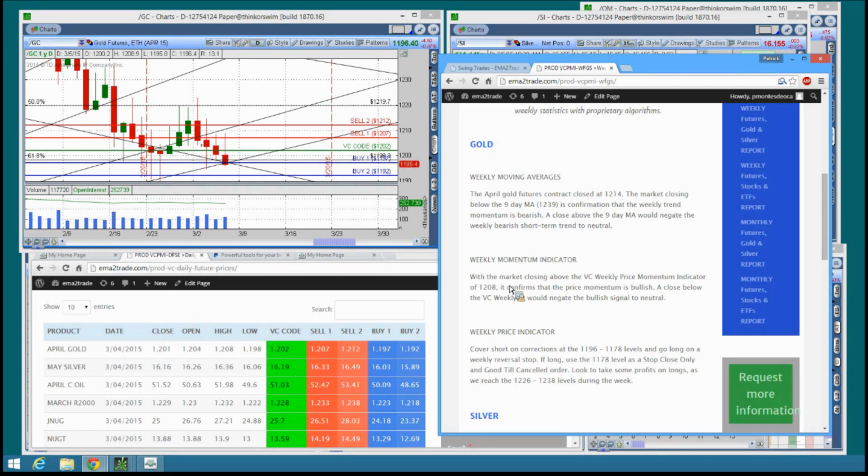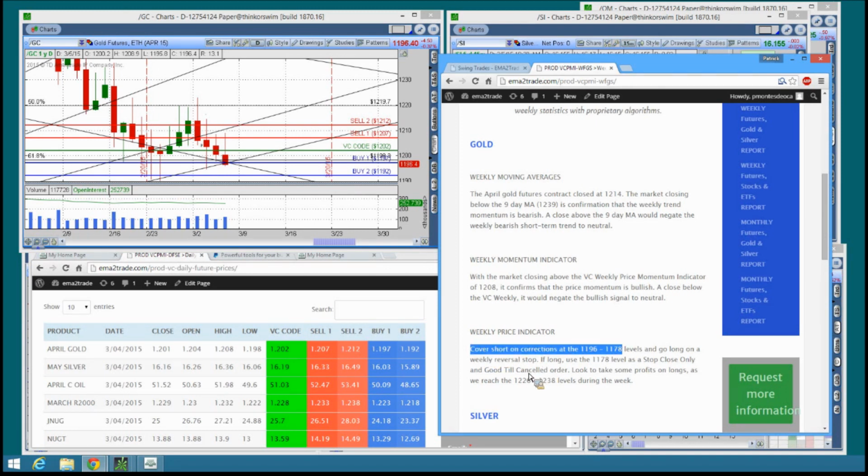And with the market closing at 1214, which was above the 1208, it confirmed that the price momentum was beginning to build a bullish pattern. But it also tells you that if we were to close below 1208, then this bullishness would be negated to neutral.